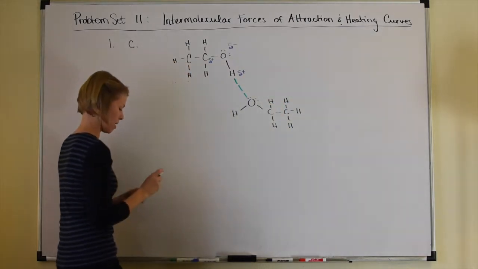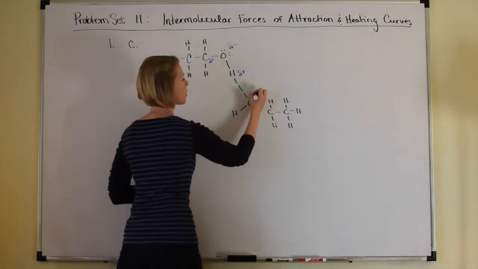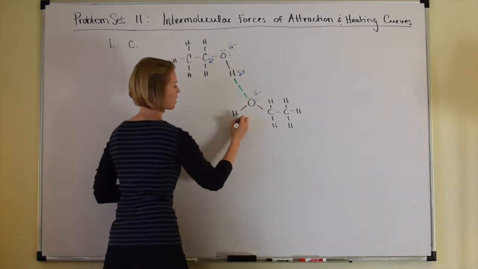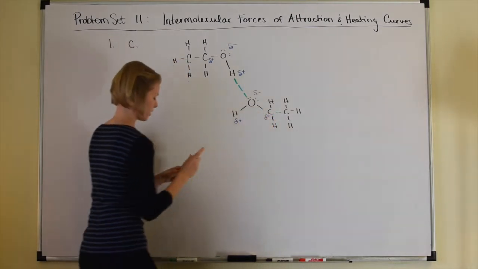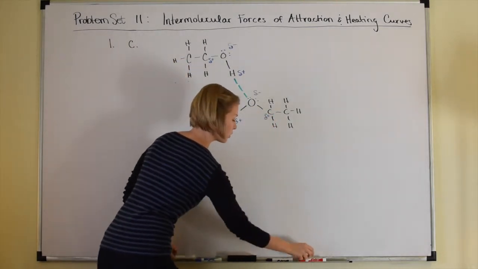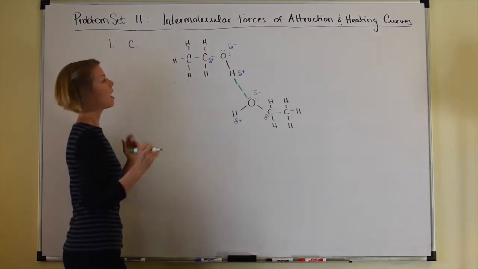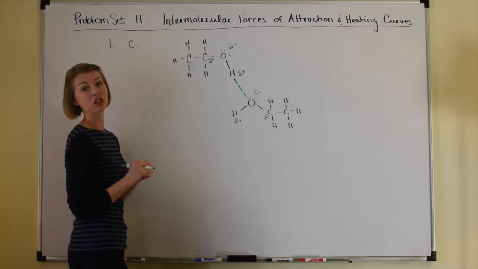Okay, so let me indicate my charge buildup in this ethanol molecule. So we have partial negative, partial positive over here too. And then once again, I'll circle in green the whole complex that is part of the hydrogen bonding.